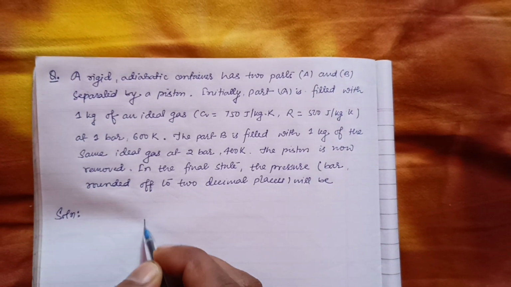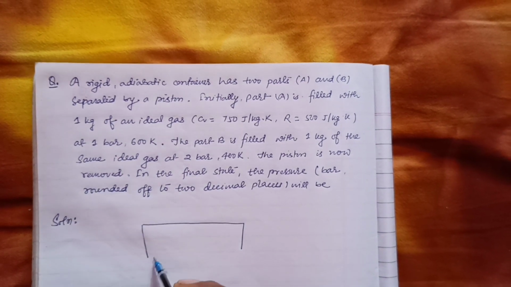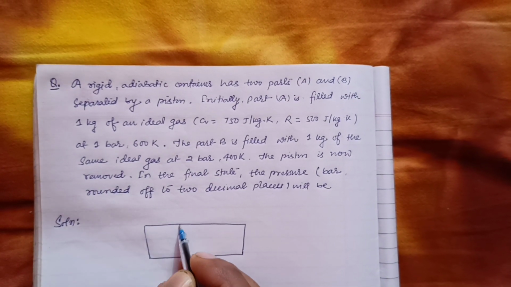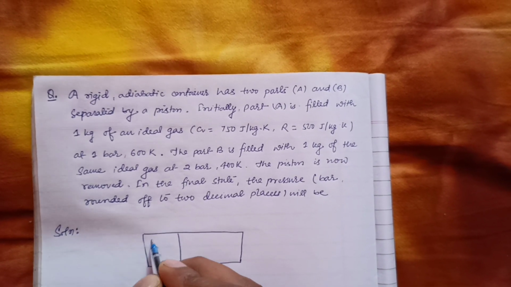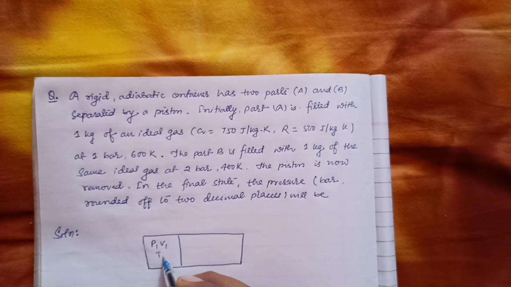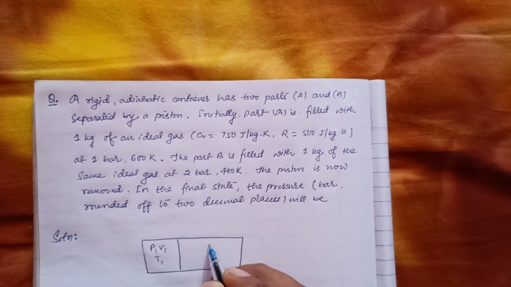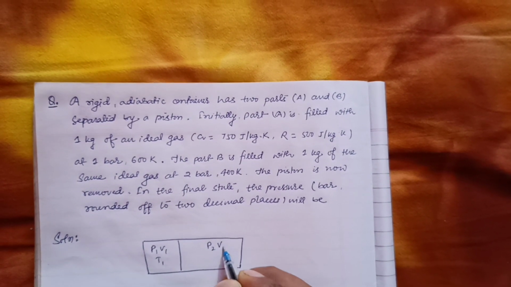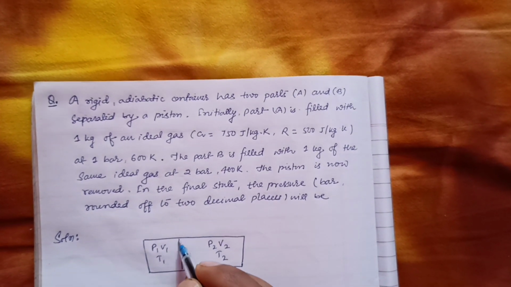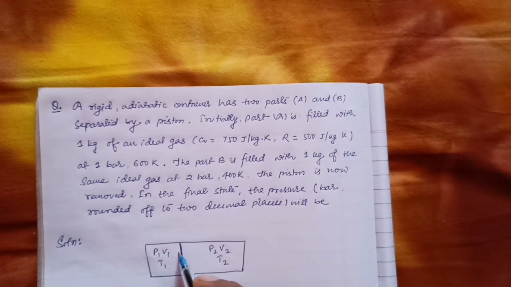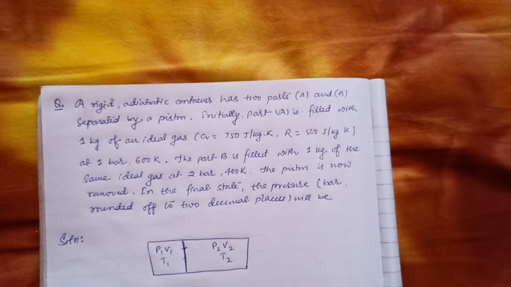Guys, so for this type of problem, suppose this is a complete system where there is a separation. Initially we have P1, V1 and T1 for one gas, and the second case will have P2, V2 and T2. Now this is the separation, so once it is removed, there will be mixing.